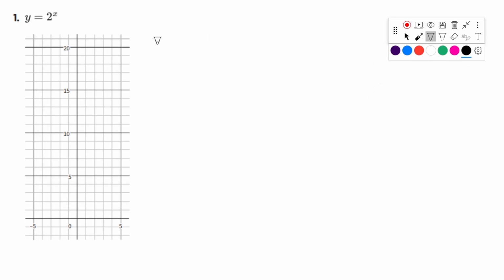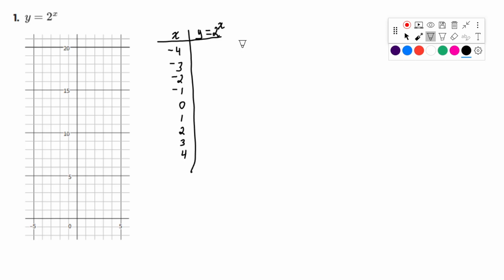So what I would recommend is you create an XY table, and use all of the values from -4 to +4. And to find the value of y, you're going to put -4 into that equation.